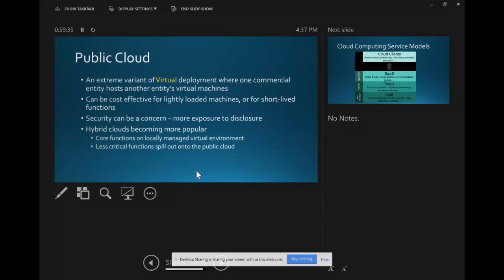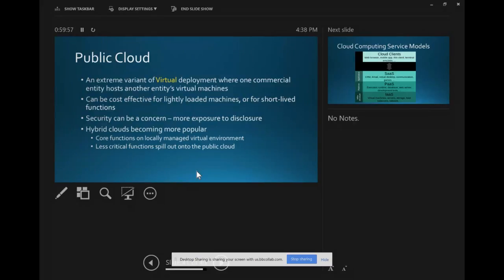However, one of the downsides with the cloud is that security can be a concern. It's like anything: the more exposure you give something, the more threats that are out there, and the more risk you have for disclosure. So you have to weigh the security concerns against the convenience concerns.